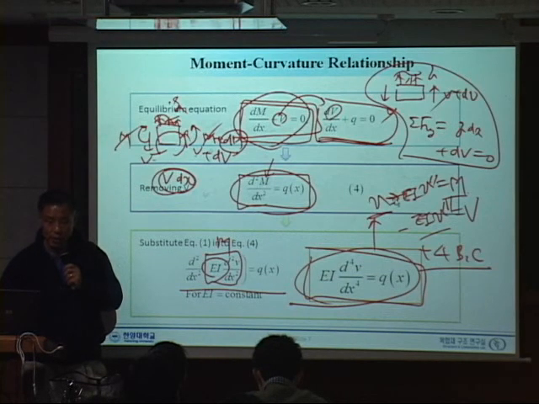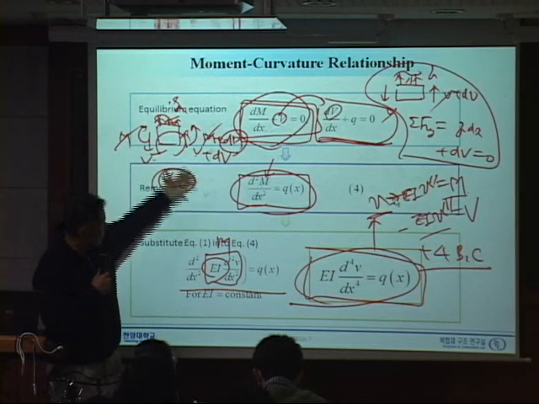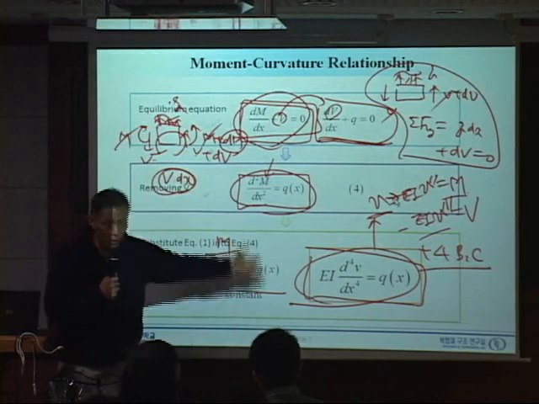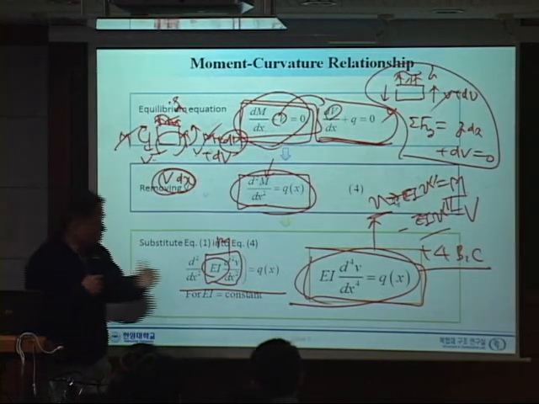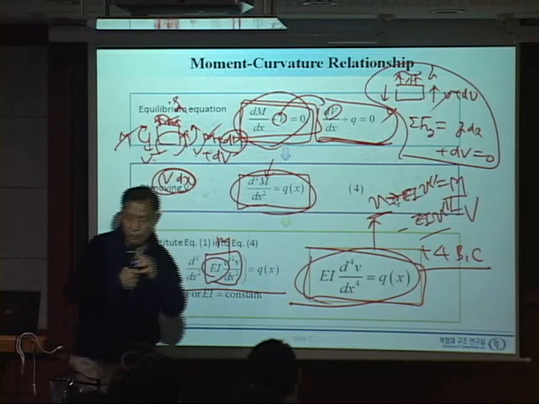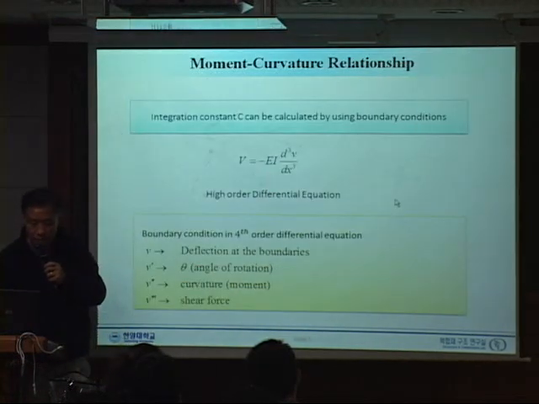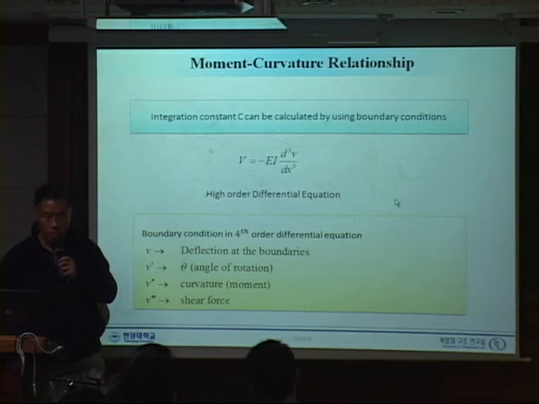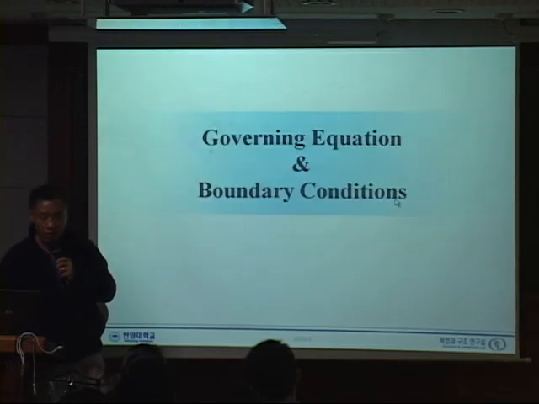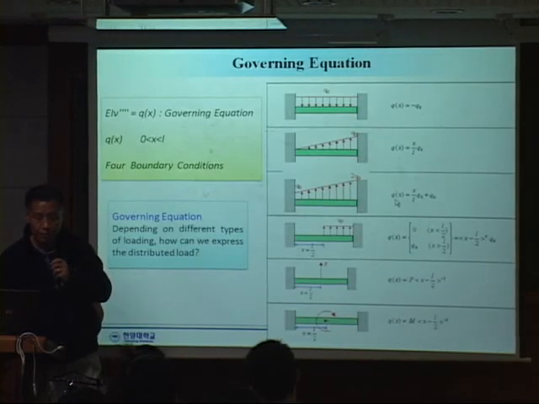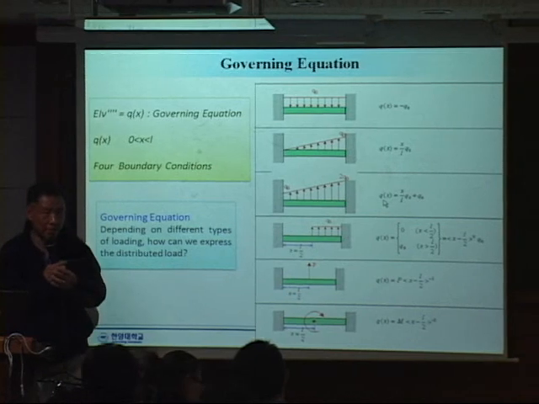Well, again, we went through all the procedure to reach this differential equation, and now the next step is how to make use of those 4 boundary conditions. So boundary conditions will be one of the key parts.